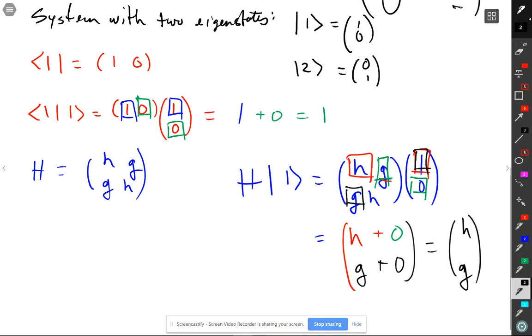Well, that did not give me an eigenvalue situation. We don't have the same eigenstate coming back. So that means the eigenstate 1 is not an eigenstate of this operator. So we need to find what the eigenstates of this operator are, because the ones that we're given are not.